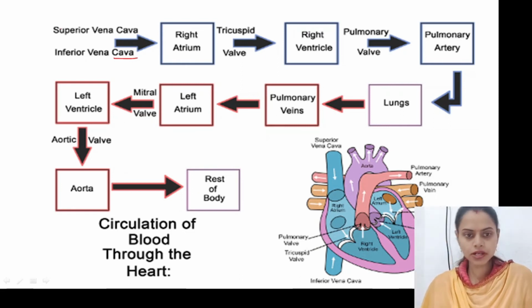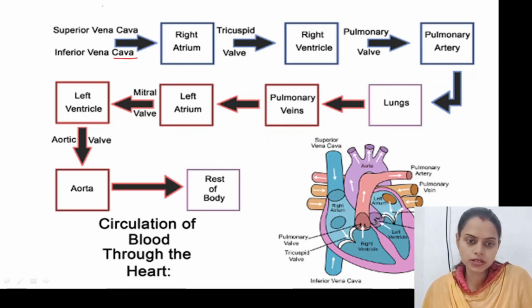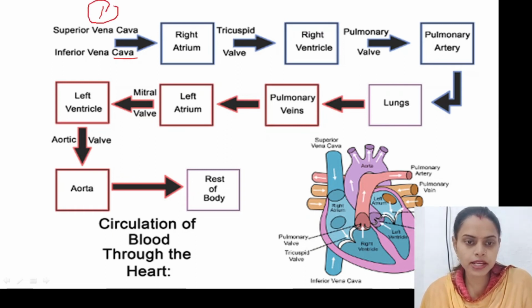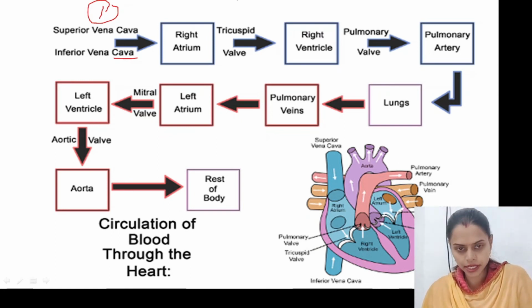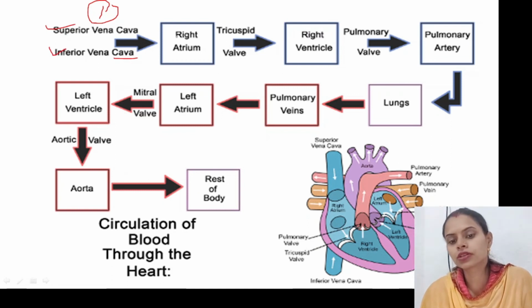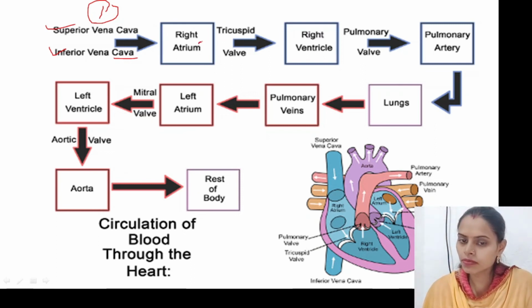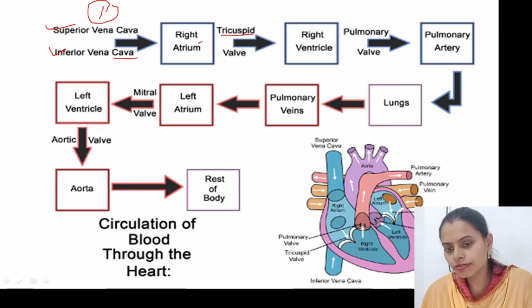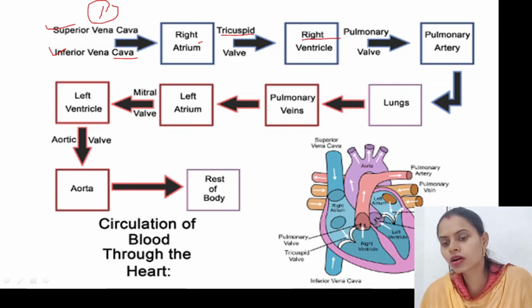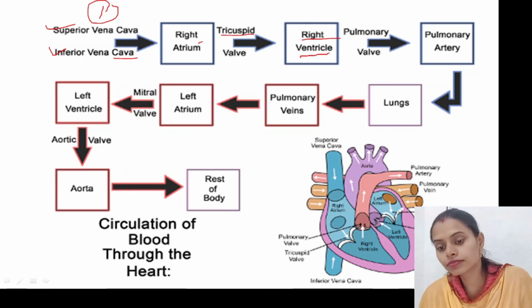In the first step, the superior and inferior vena cava come towards the right atrium, and from the right atrium, through the tricuspid valve, it will go to the right ventricle.